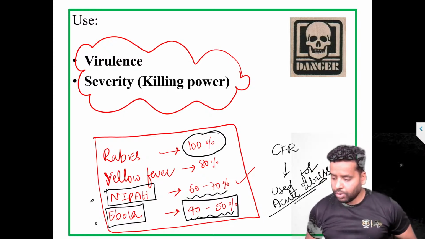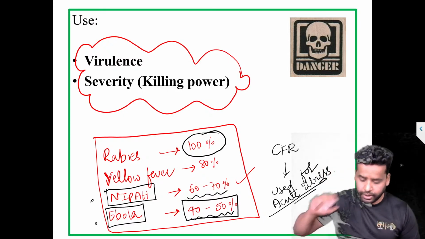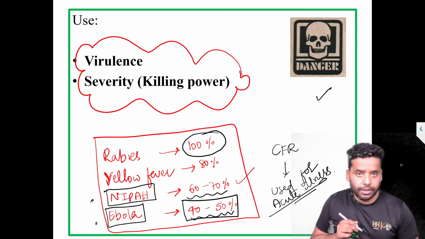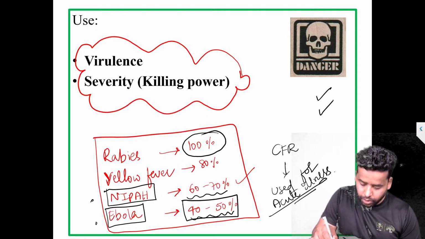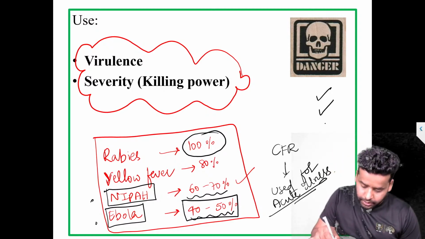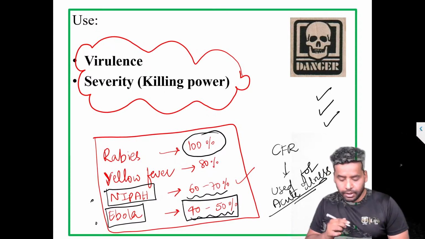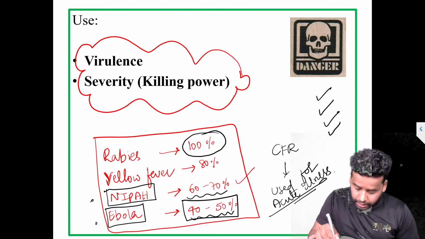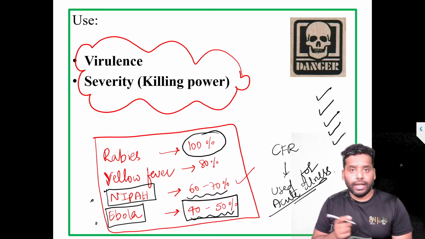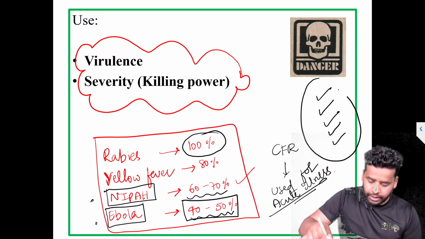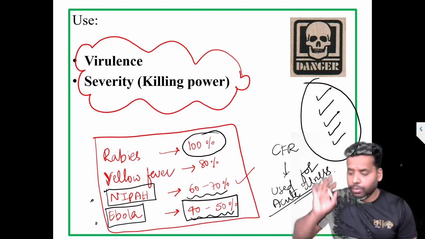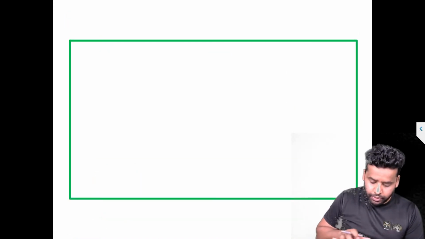So total 5 mortality indicators we have discussed. Tell me one by one. Life expectancy, crude death rate, specific death rate, proportional mortality rate, and case fatality rate, with virulence and severity. Total 5 mortality indicators which are very important previous year topics for you.